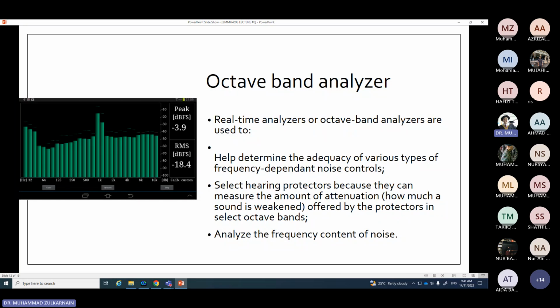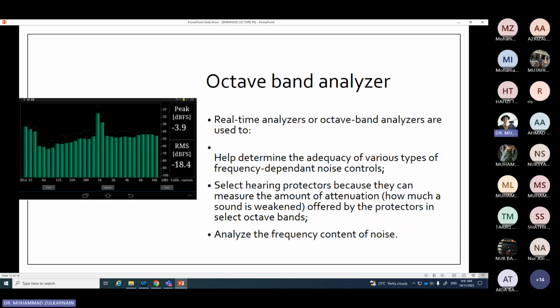Then the worker needs to cover their ears. Before the company issues protectors to the worker, they need to identify first what frequency is on the site. That's why they come with a protector in that range, already identified by the company.